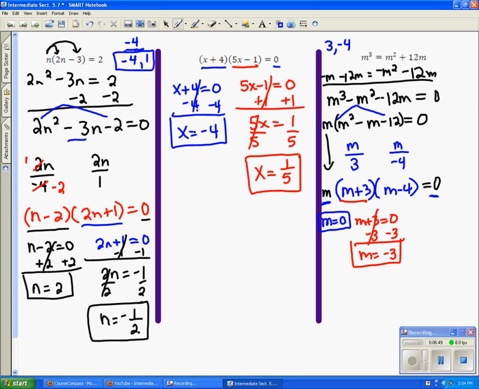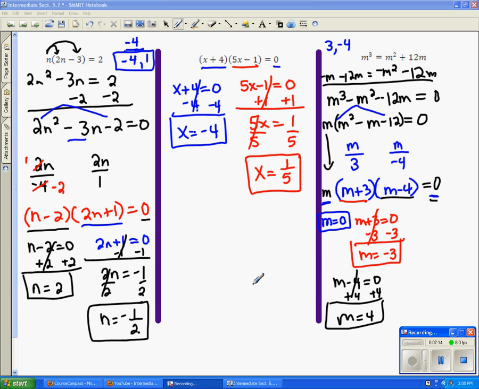And then I'm also going to set this equal to 0 and solve. So I'm going to get m minus 4 equals 0. After I set each of those equal to 0, I have my solutions to be m equals 0, m equals negative 3, and m equals 4.